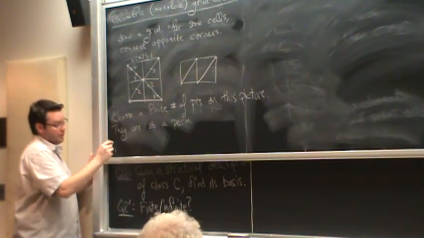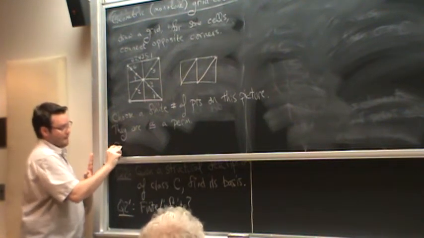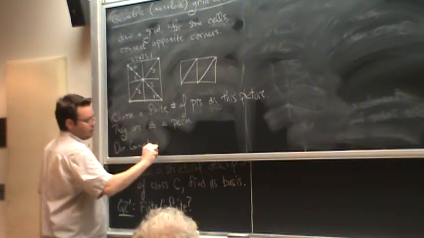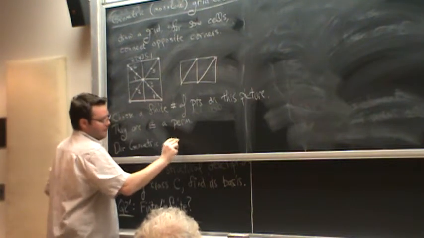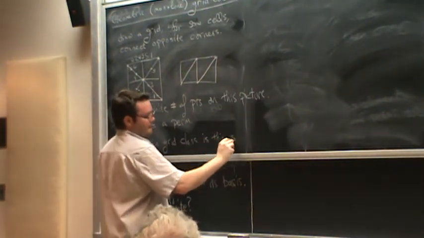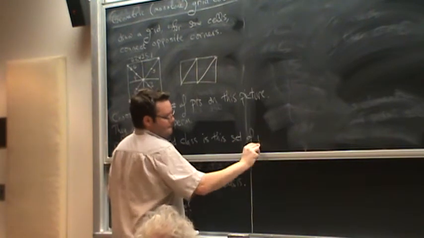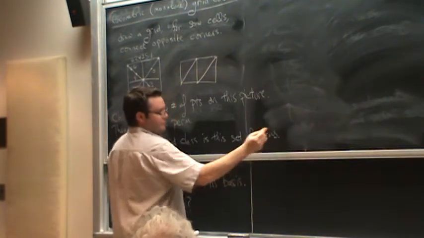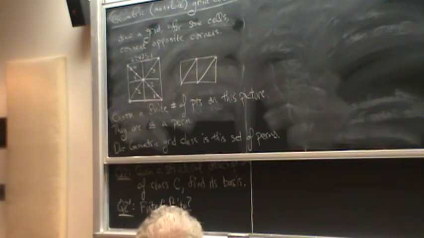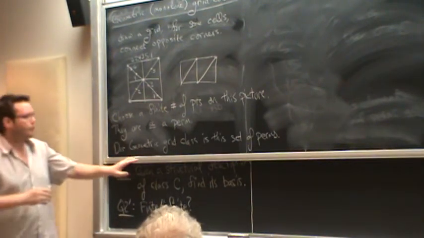And our geometric grid class is the set of permutations. So these are the classes we're interested in. They come from these pictures.